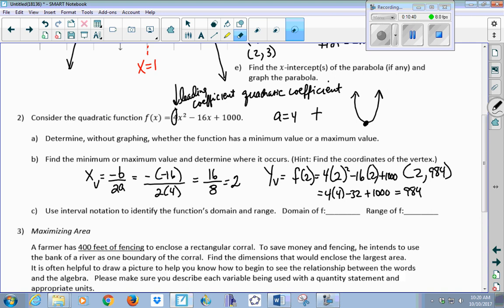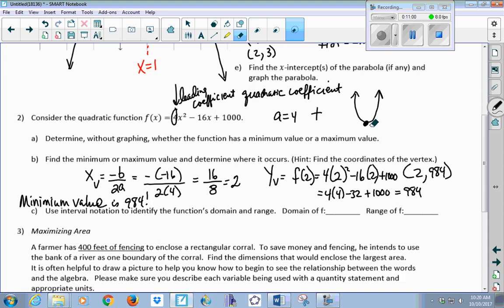So the minimum value of this function is 984. It occurs at x equals 2, but we're interested in the output value, 984.